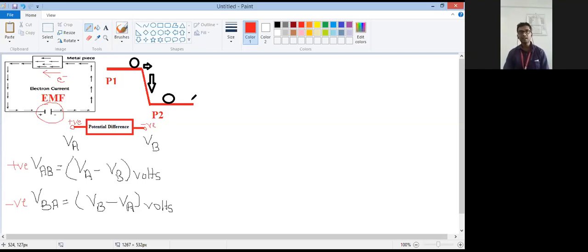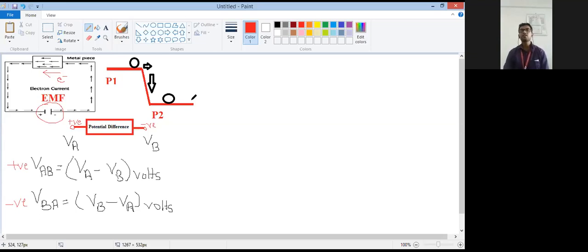Again, I'll repeat: EMF is nothing but the electromotive force, the force which is responsible for the flow of electrons. Electrons are the component which flows when some force is applied. Electrons are always negatively charged, and some charge is always stored on the electron.